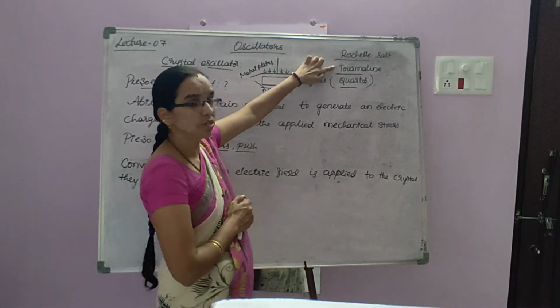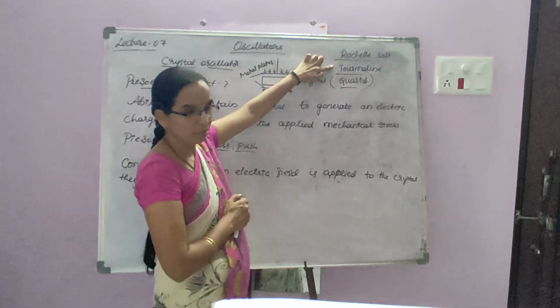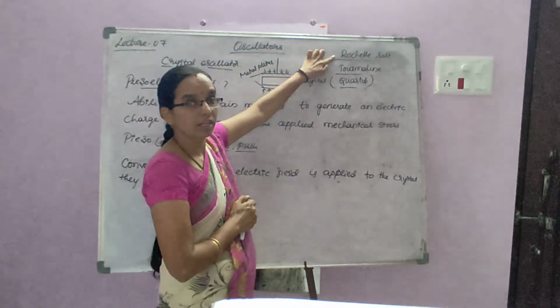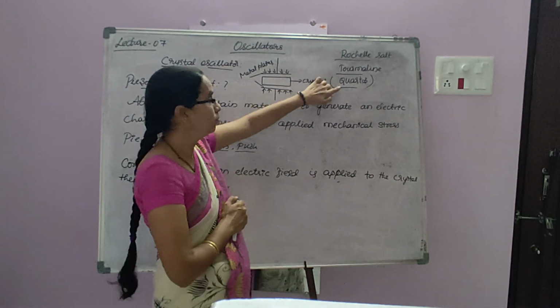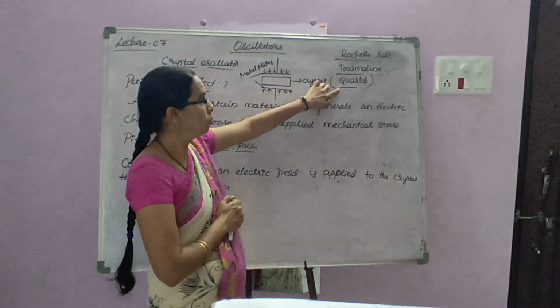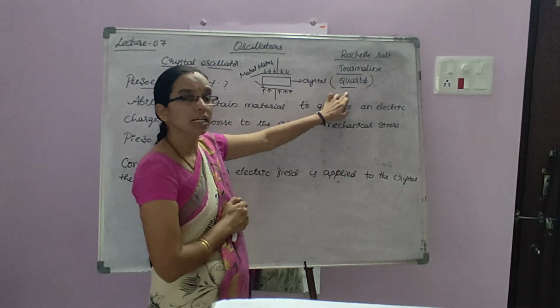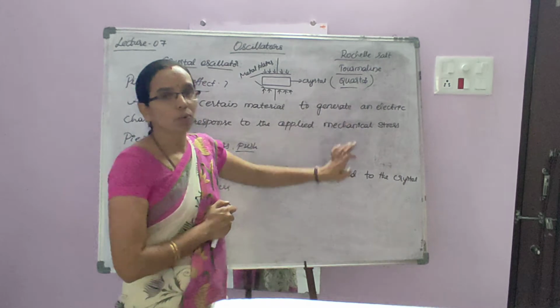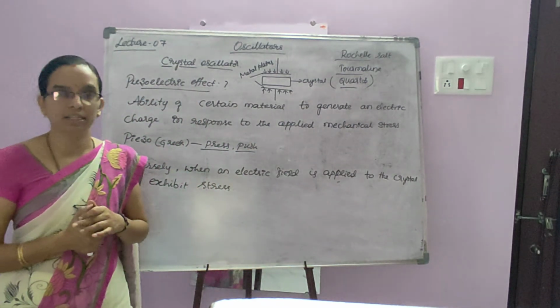Tourmaline is mechanically strong but expensive, with a poor piezoelectric effect. Rochelle salt exhibits a high piezoelectric effect but is mechanically weak. Quartz compensates both properties and is easily available in nature. So quartz is the most used piezoelectric material in most devices.